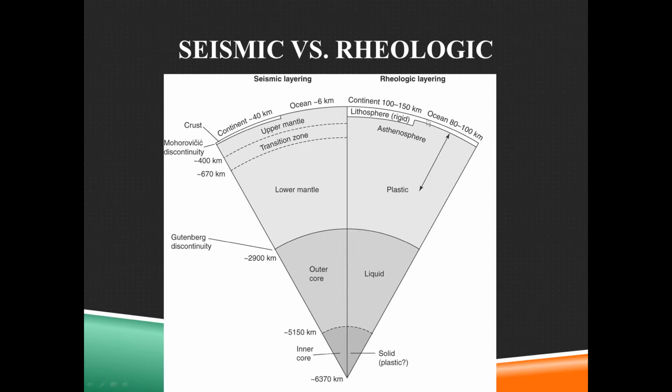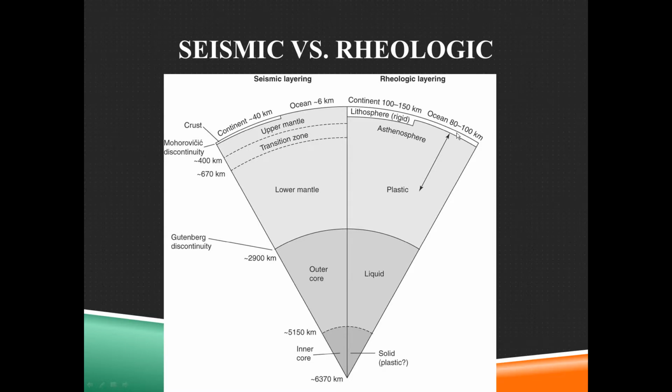Over here on the right, if we look at rheology, we have lithosphere, which is much thicker than that crust because it includes crust and the top part of the mantle. And it's rigid. Below it, it is thicker under the continents than it is under the ocean.